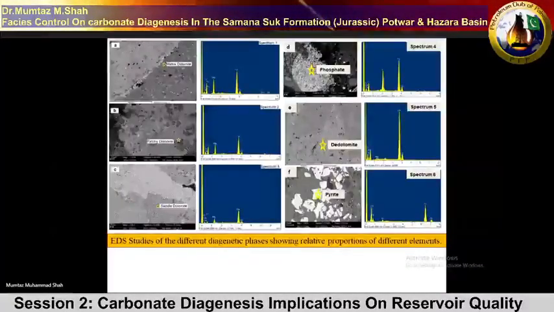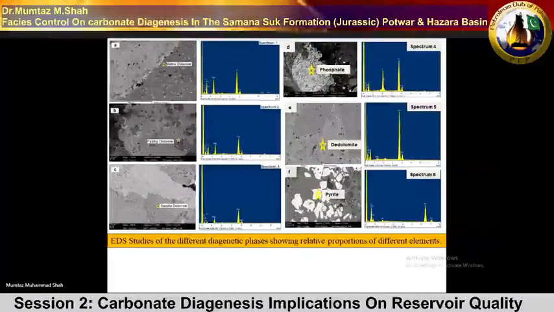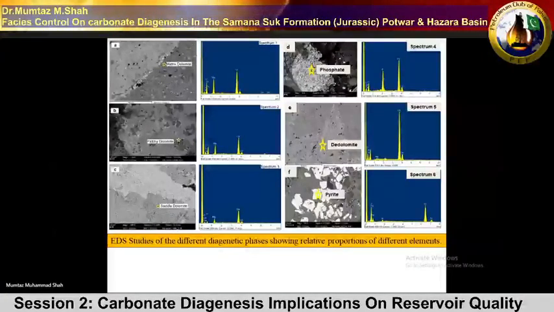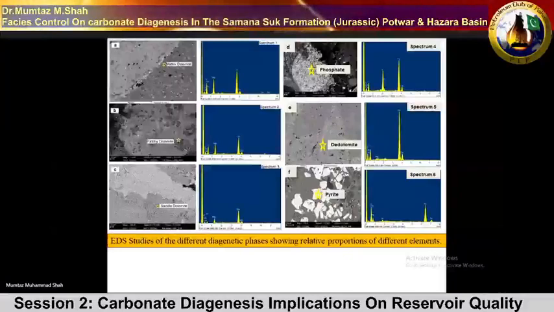SEM with EDX data also confirms the various phases that were shown in the petrography, where we observed some phosphates, then the dolomites, which were confirmed by the EDX, and then the pyrite grains that are present. So the EDX studies further confirm the presence of various phases observed in the petrography as well.